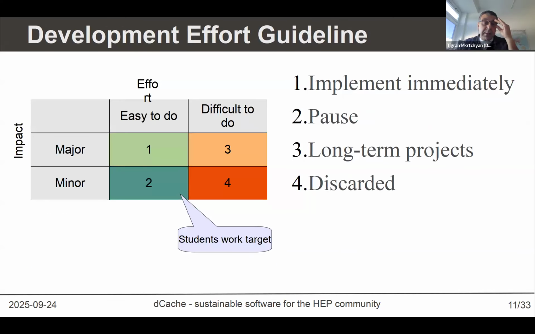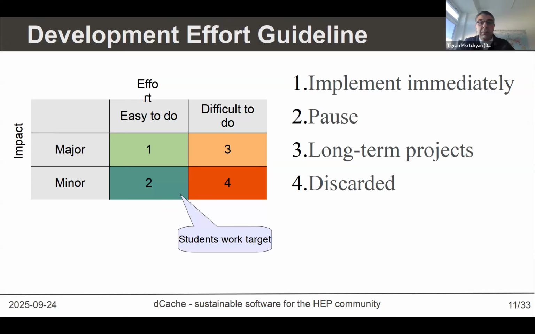The way we collect these tasks is based on the matrix that we use for triaging issues. When a new feature request comes in, or when, by inspecting code, we find some part which has to be changed, we try to put it in one of four categories.